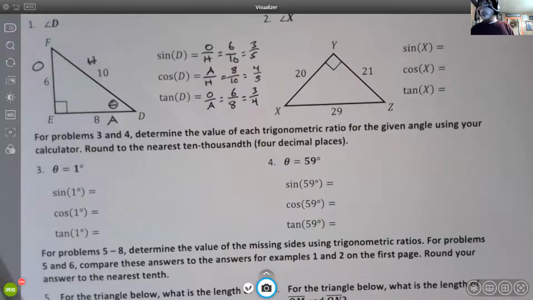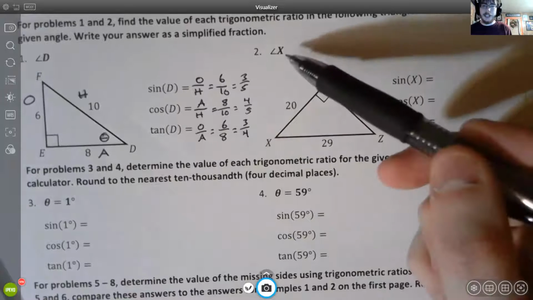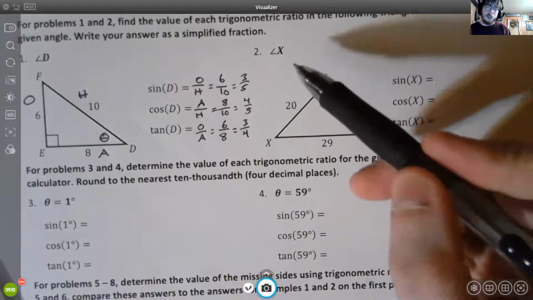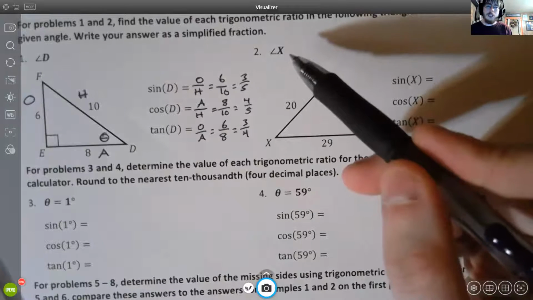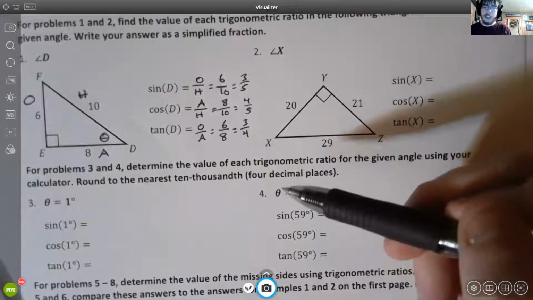So what I'd like you to do now, I want you to pause the video and try number 2. All right, so number two, we have angle X. And what we want to do here is put our theta on the angle that it's asking for.